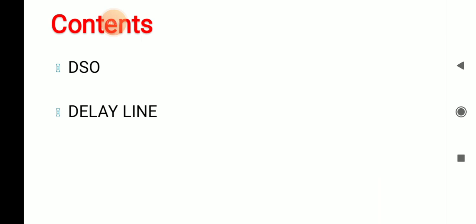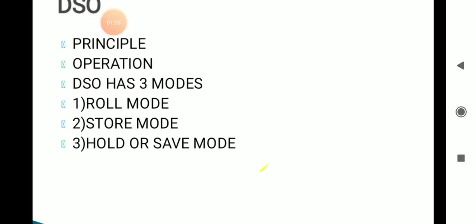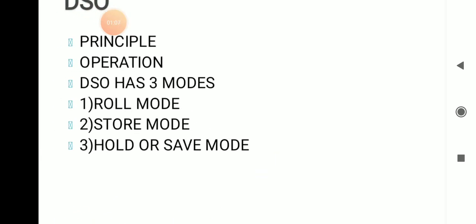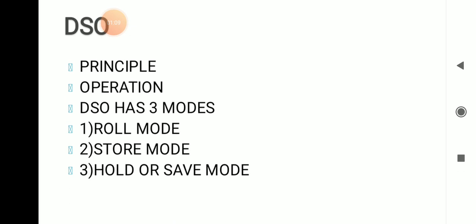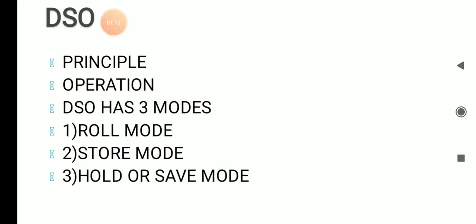So we'll move on one by one. In this DSO we will first discuss the principle of DSO operation, and also DSO has three modes. First one is the roll mode, second one is the store mode, and third one is the hold or save mode.